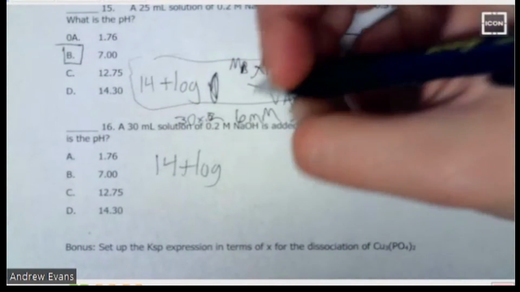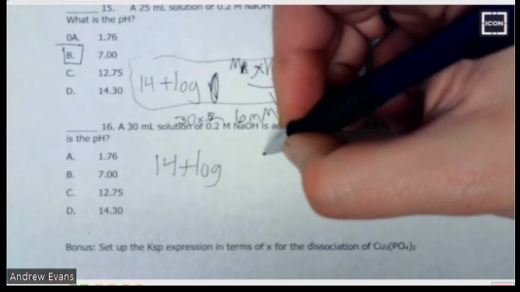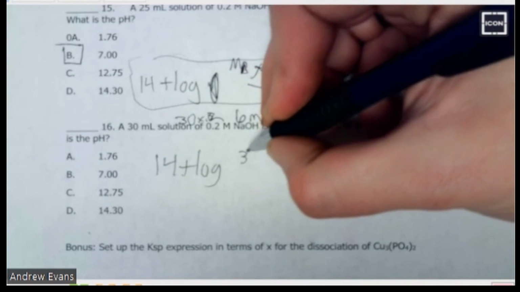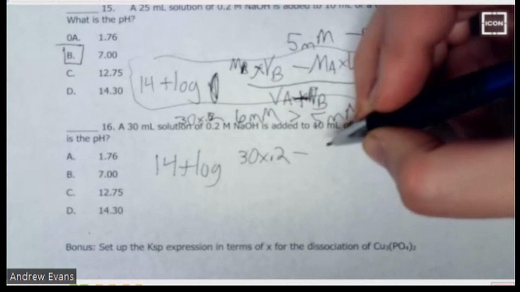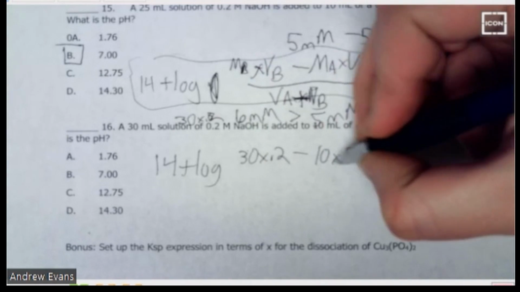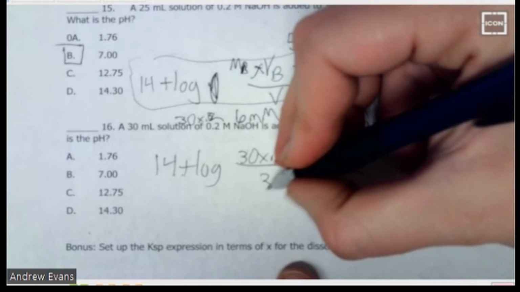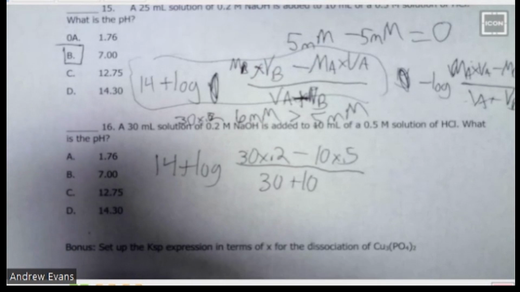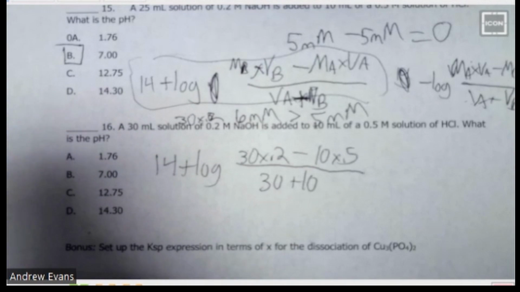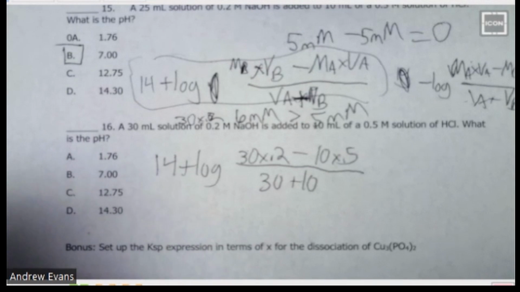So you have something like 30 times 0.2 minus 10 times 0.5, divided by 30 plus 10. So divided by 40, and then we take the negative log of that, and then we take it from 14.